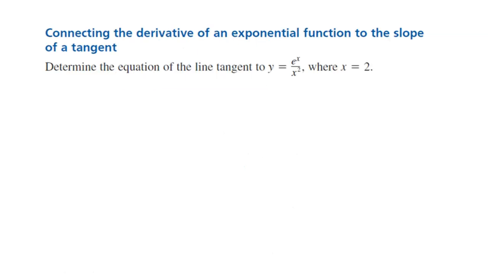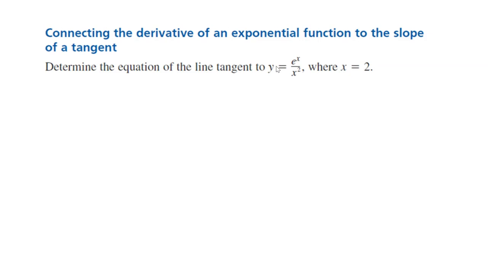Connecting the derivative of an exponential function to the slope of a tangent. All right. So this is the kind of thing you're going to have to be able to do as well. Determine the equation of the line that's a tangent to y equals e to the x over x squared when x is equal to 2.